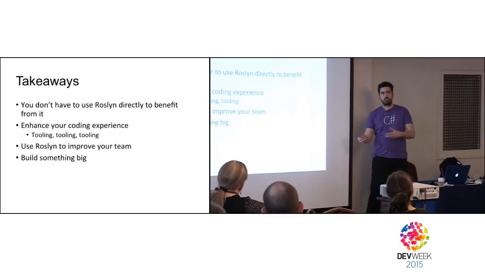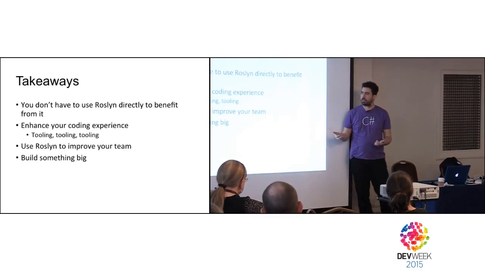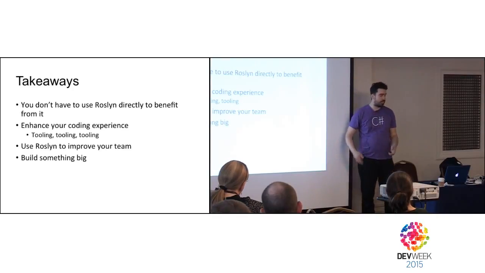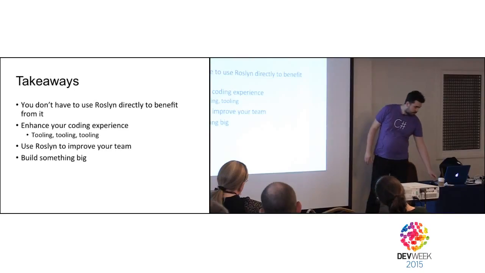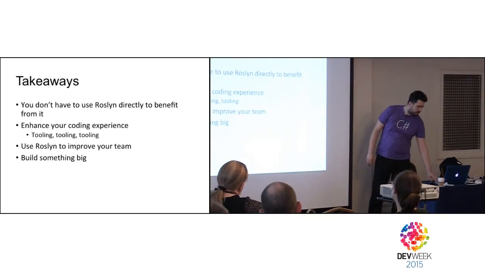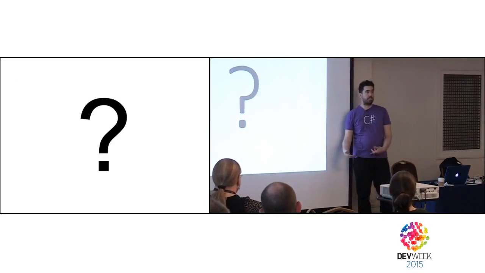Maybe you can use Roslyn to create, for example, transpilers to JavaScript. That's a project that actually exists, to take C# and XAML and create JavaScript and HTML5. You can use Roslyn for that, because you have all the necessary information about the code inside your running code, right? So basically, that's all I wanted to show you today about Roslyn. If you have any questions, I'm still taking them.